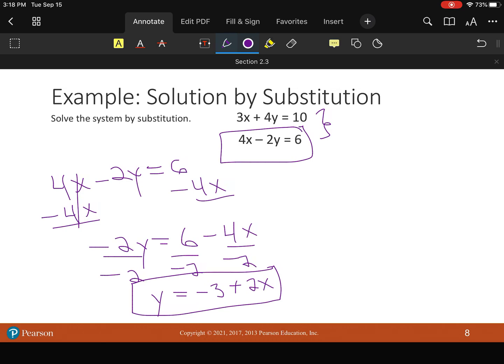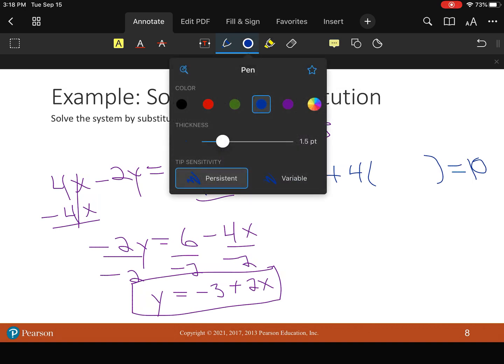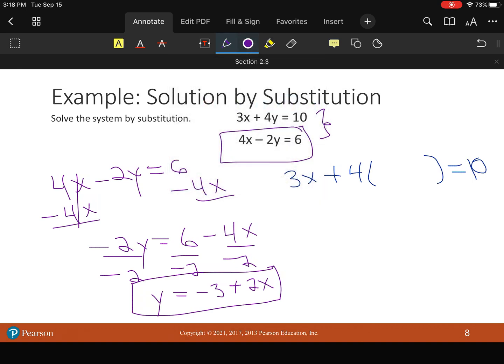So what we're going to do, we're going to come to our equation, and we're going to keep the 3x, we're going to keep that 4, and we're going to keep that 10. All right, now, y is equal to, so this is why it's called substitution. We know y is equal to negative 3 plus 2x.